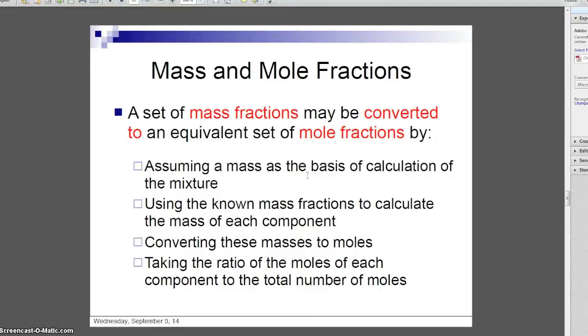Using the known mass fraction, you can calculate the mass of each component. Once you get the mass of those components, you can convert those masses into moles. So mass to moles, that's SPM. Then you can take the ratio of the moles of each component to the total number of moles.